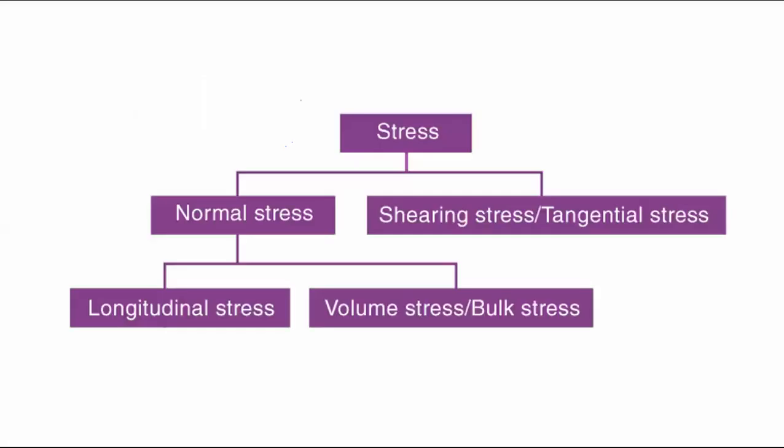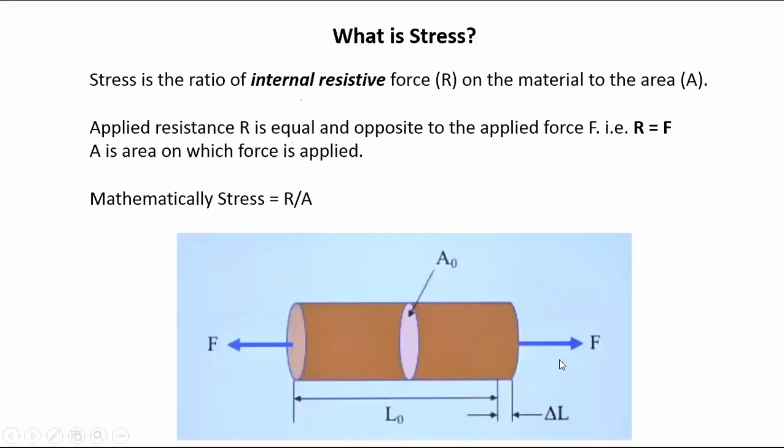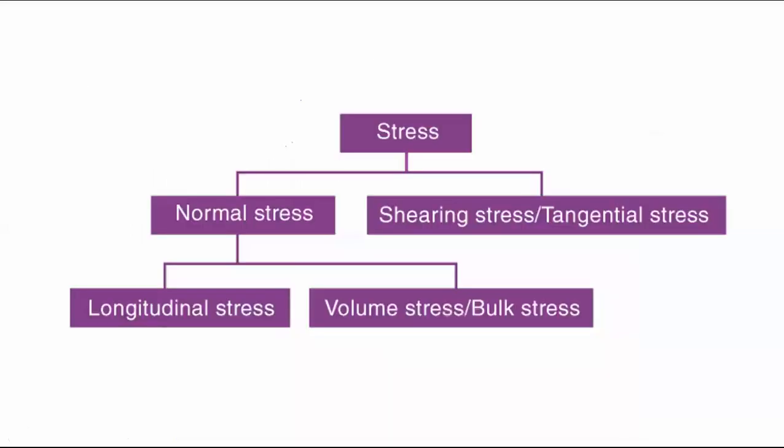then we will call it a longitudinal strain. Here in the first diagram, these two forces will create longitudinal strain because the change in dimension is along the longitudinal axis. If there is a decrease in the diameter or this area, then the strain generated here will be a transverse strain.